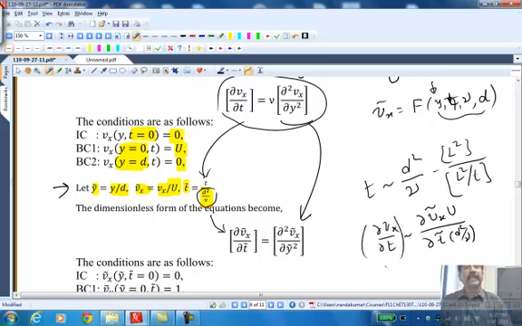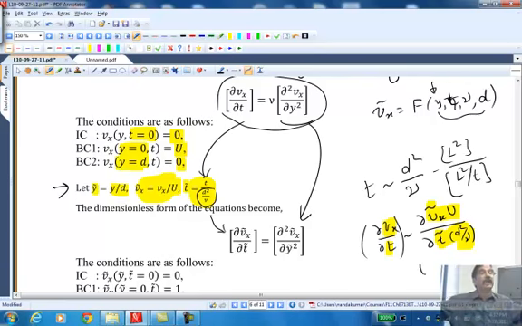All I have done is replace vx by its dimensional definition. So vx is the same as vx tilde times u. That comes from here. Okay, and similarly t is the same as t tilde times d square over nu. That comes from here. Okay, and when you do that, you will find that u is a constant, d is a constant, nu is a constant. So you can take them out.